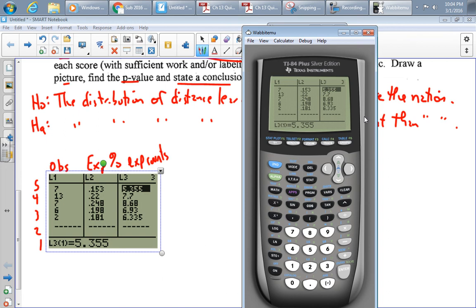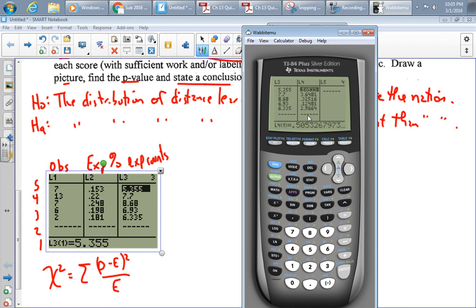Now what I want to do is take the formula observed minus expected squared divided by expected. So in my next column, L4, let me clear that out. It's going to be observed minus expected squared divided by expected.